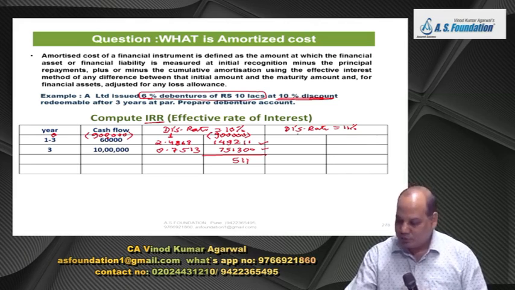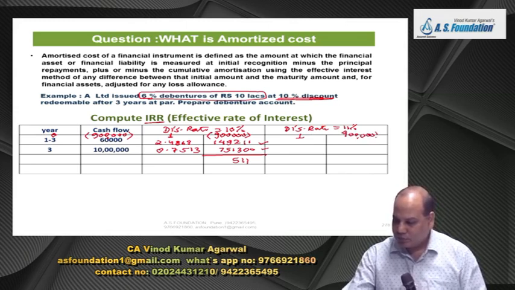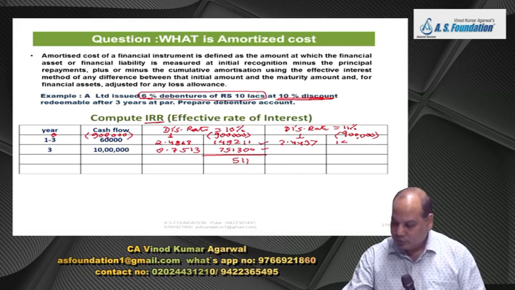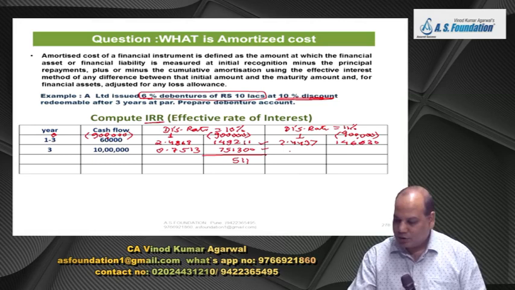So 11%. For year 0, cash flow is 9 lakh. And for years 1 to 3, you will tell me. 2.4437 multiply into 60,000. 146,620. For the third year, 0.7312 into 10,60,000, that is 7,31,200.